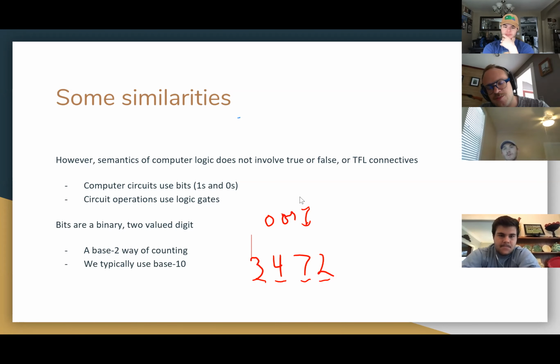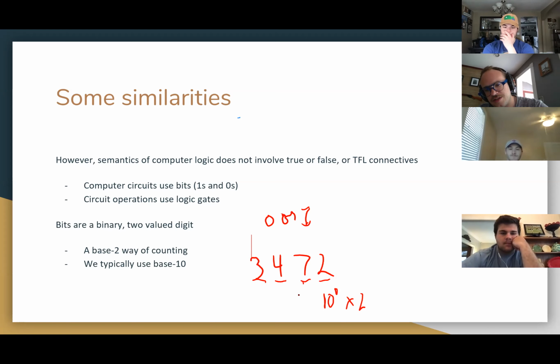One way to think about the digit places in base 10 is like this. The first digit place is 10 to the power of 0 times 2.